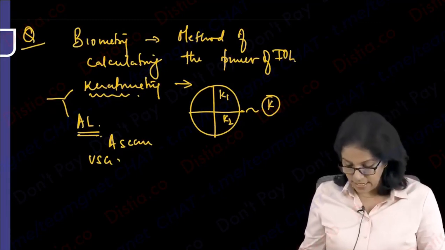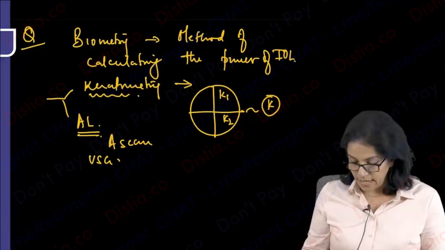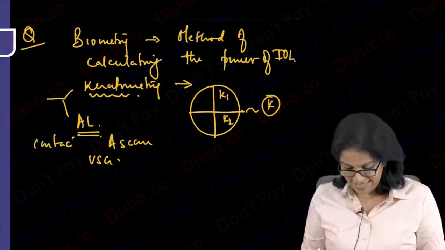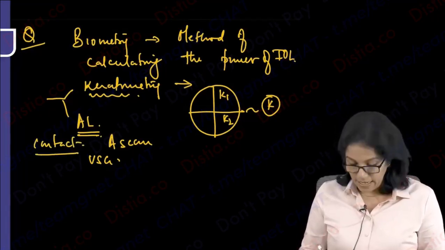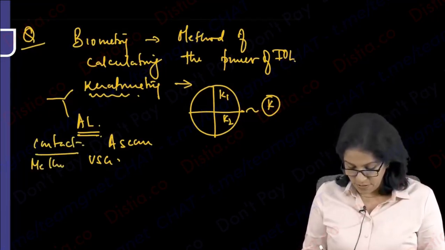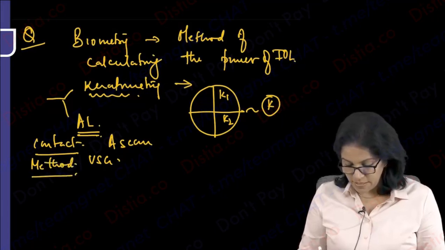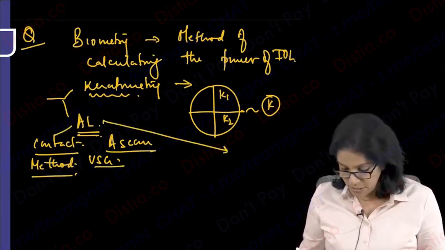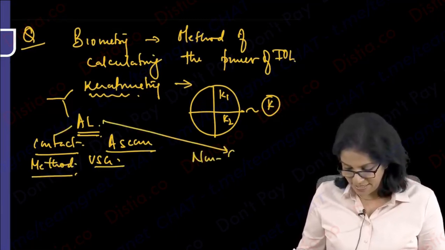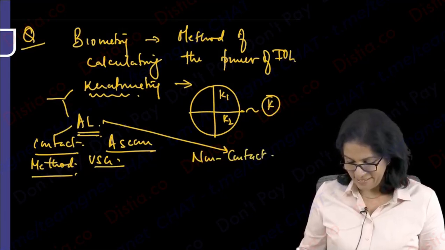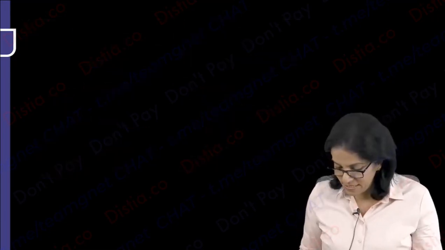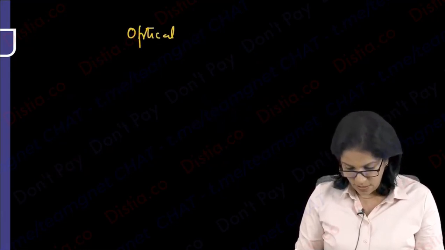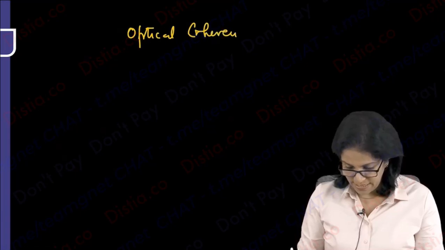Yes. So axial length can be measured by A scan, you have to touch the probe on the cornea. So it becomes a contact method, right? Write down further, axial length can be measured by a contact method, which is A scan ultrasound, or it can be measured by a non-contact method. So this non-contact method is what is called optical coherence biometry.